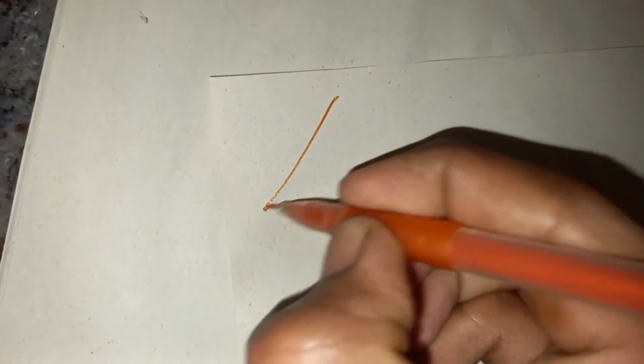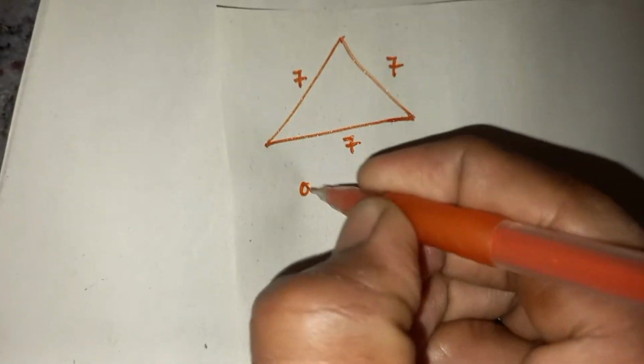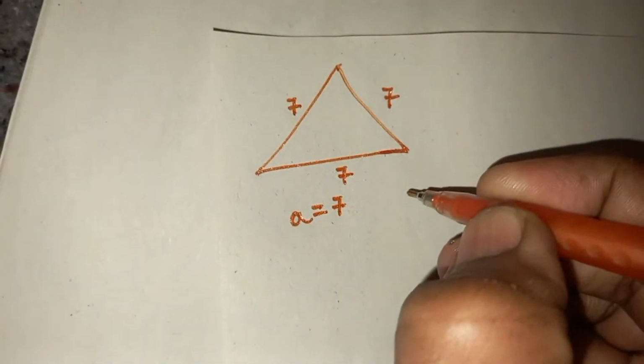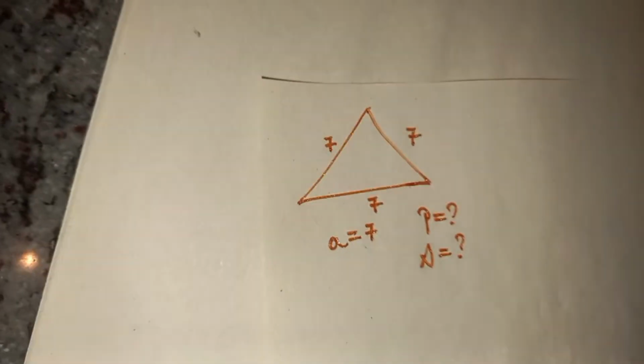Let's take one more equilateral triangle. In this equilateral triangle, all sides are 7 units. When all sides are 7 units, you need to find the perimeter and the area of this triangle.